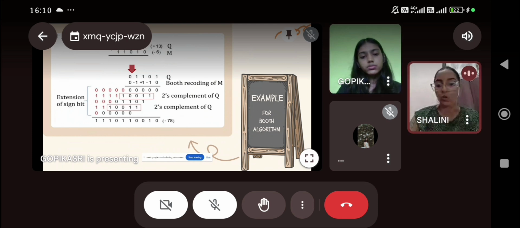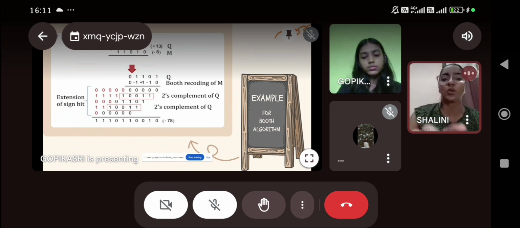How is that? For minus 6, we will be taking the 5-digit binary value for 6 and then taking the 2's complement of 6, which will make 6 into minus 6. Any positive number's 2's complement will be the negative number, as we know.